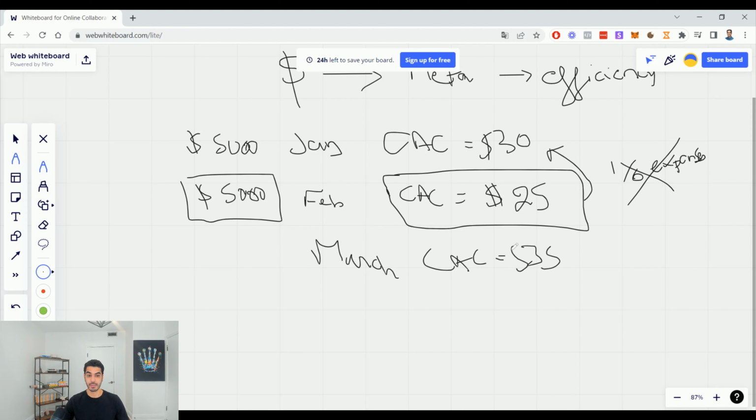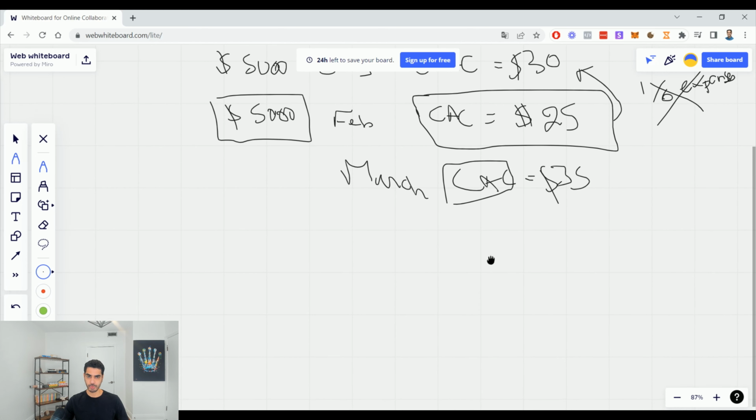Maybe it went up, right? And then you don't understand why your ROAS is being impacted, why your costs are going up, etc., etc. You have no understanding of what's going on. You're just going through the waves every single month, every single day, not understanding what's going on in the broader sense, because you don't understand what fundamentally makes this metric, which is your customer acquisition cost, right? And this is super important.